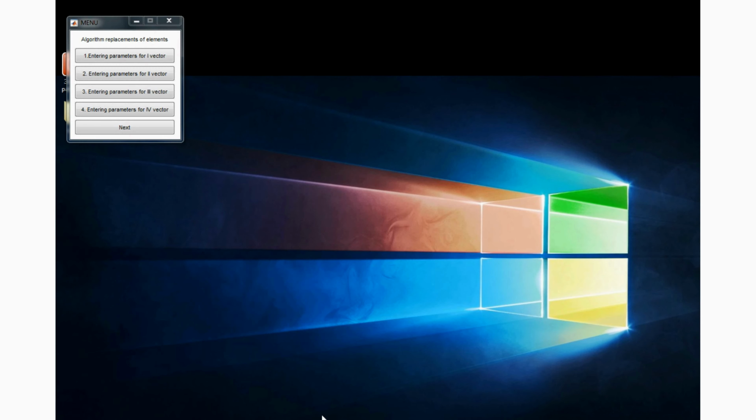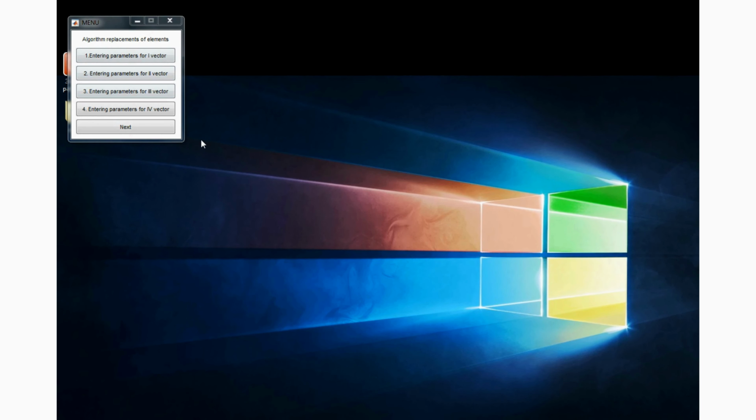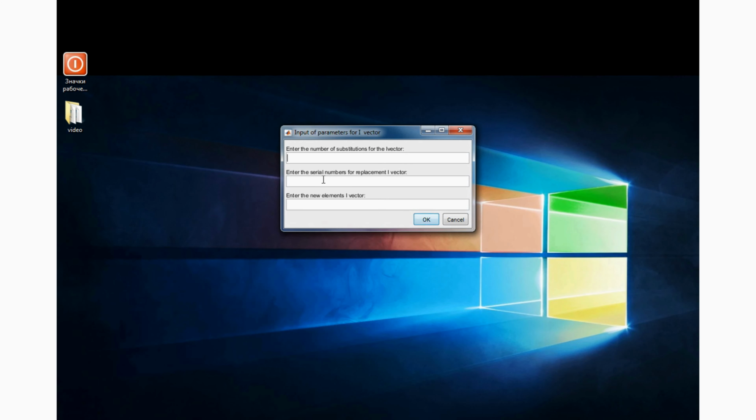Next, a dialog menu appears where mutations are introduced, while the first option corresponds to the interaction of wild-type proteins, and accordingly we do not introduce any mutations. Next, in the dialog box that opens, we introduce the necessary mutations into the corresponding vector. Enter the amount of mutations, enter the serial number of the amino acid residue, enter the name of the replacement.